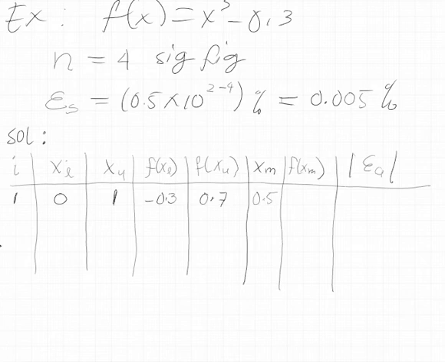Then we evaluate, we substitute 0.5 cubed minus 0.3. The answer will be negative 0.175. You don't need to write 0.175. You can just take the sign here because the sign is what we need, so that we will know what to retain and what to change for our new upper and lower values. Next, we don't need to solve for the approximate error here because we don't have the previous value for xm.